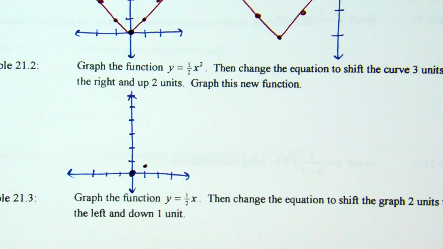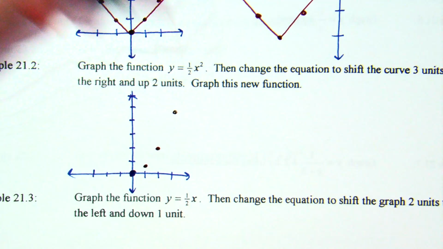If you want, you could put in 3. Normally, you put in 3, you'd get 9 out, but half of 9 puts us at 4.5. And what do you know about a parabola? You also have to do the same thing on the other side. So left 1 up a half, left 2 up 2, left 3 up 4.5.